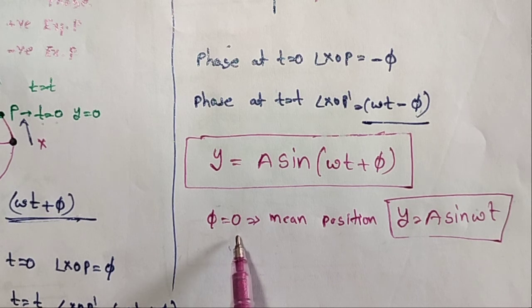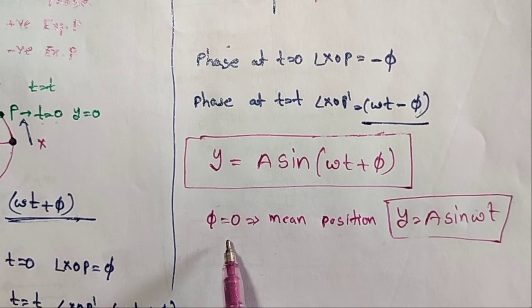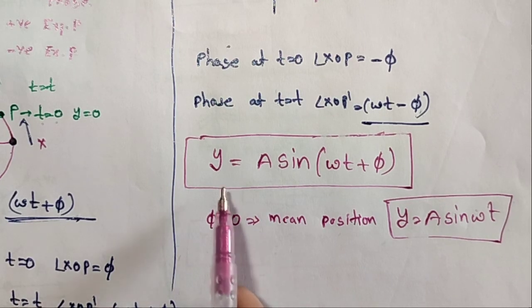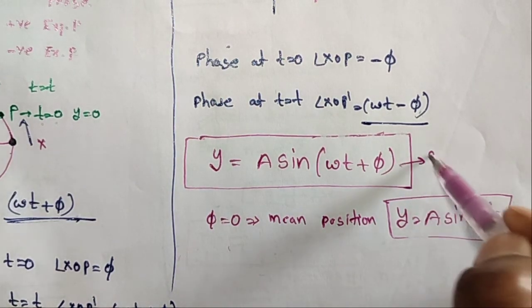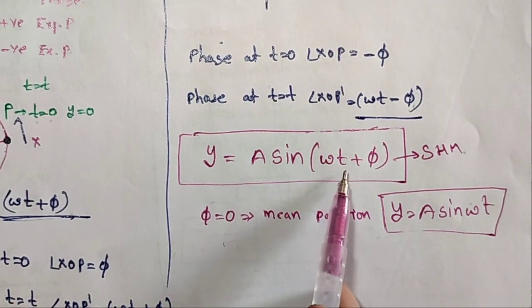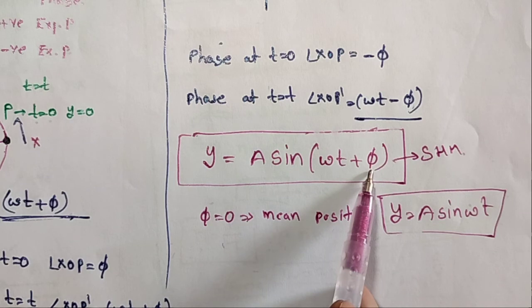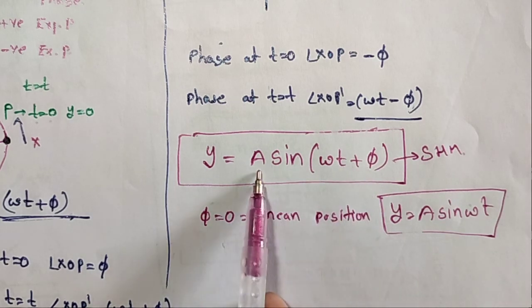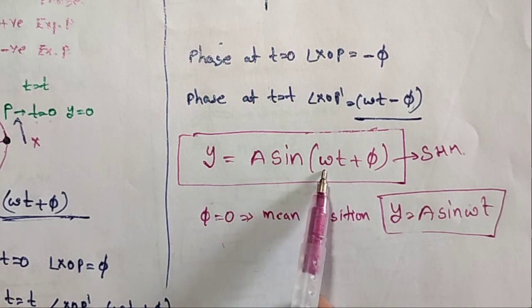Suppose the particle is not starting at the mean position, then epoch is not equal to 0. Generally, we take the SHM equation as y is equal to a sine omega t plus phi, where a is the amplitude and omega is the angular frequency.